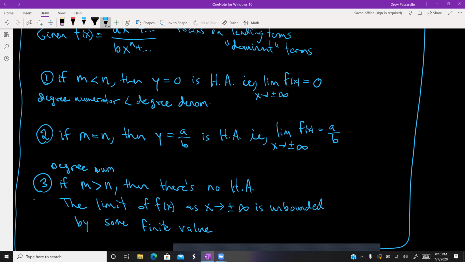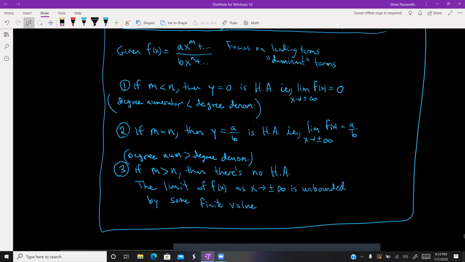I'll use NUM for numerator and DENOM for denominator. All right, so that's case 3. If the degree up top is more than the degree on the bottom, there's no horizontal asymptote.